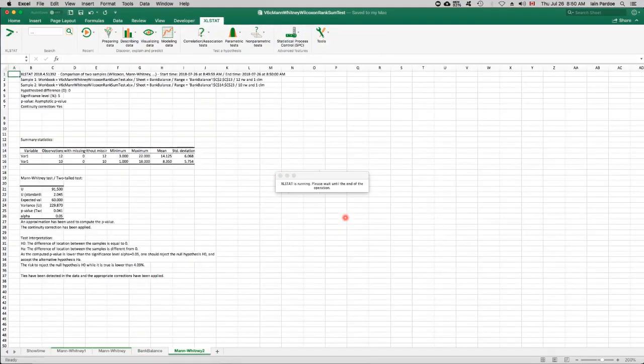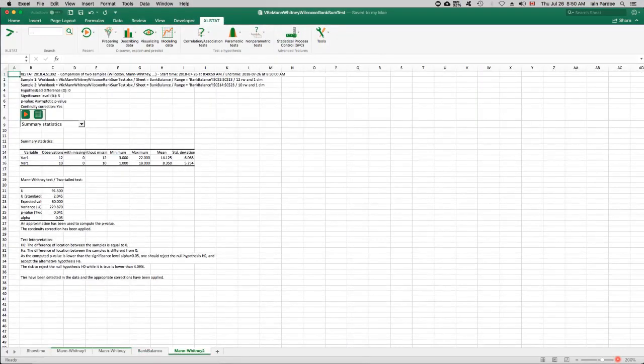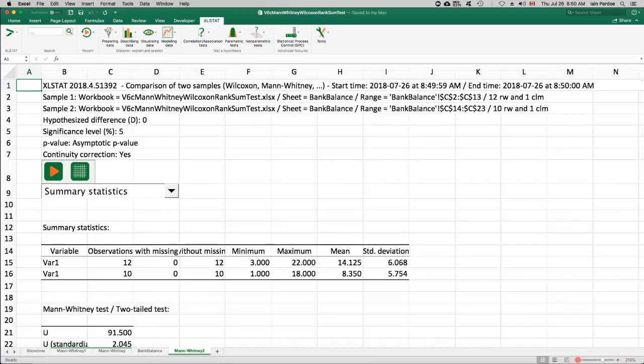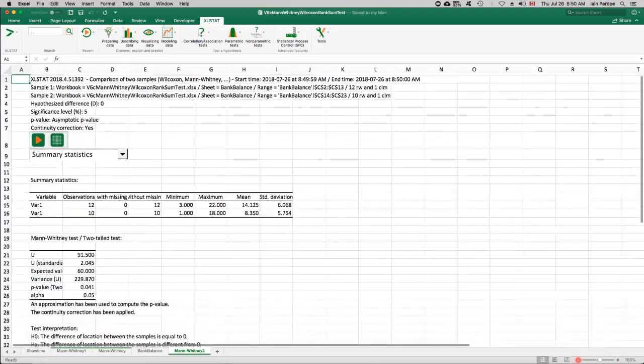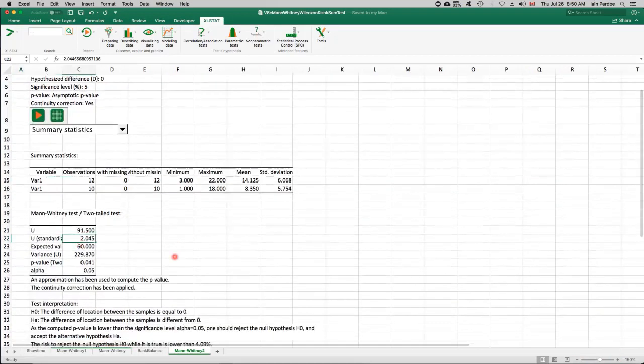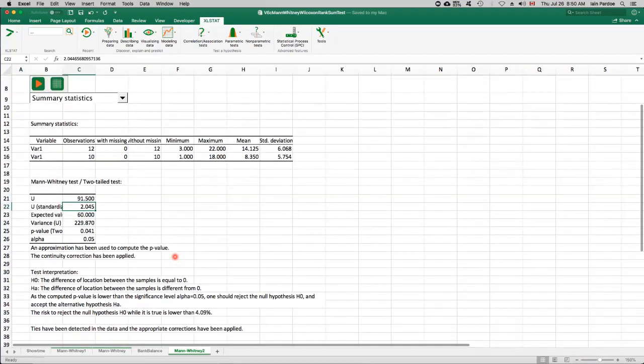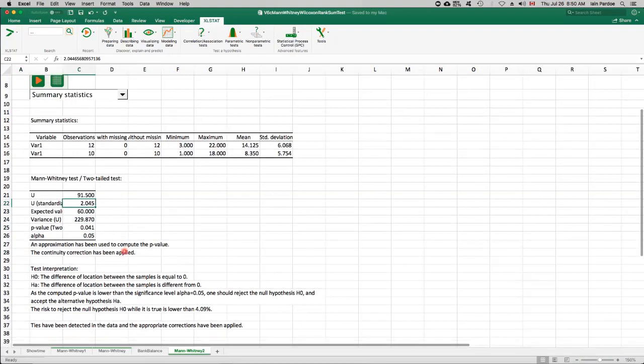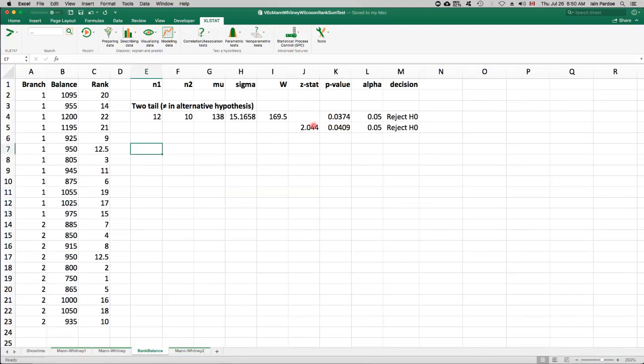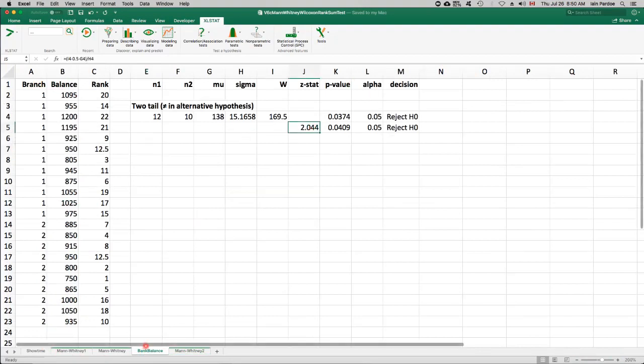And then here are the results. Okay, so there's the test statistic. XLSTAT actually calculated 2.045. We got 2.044, close enough.